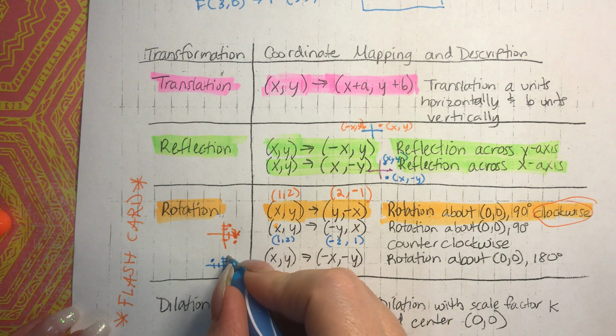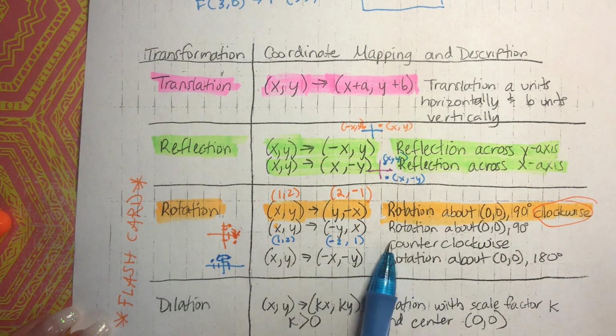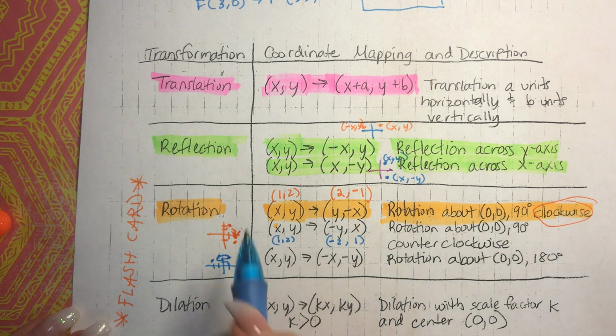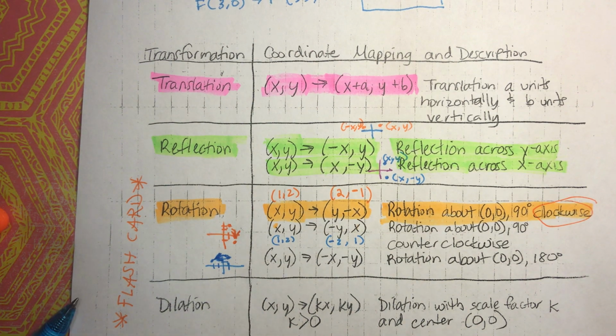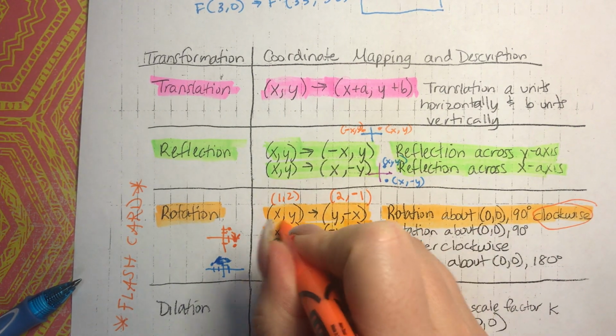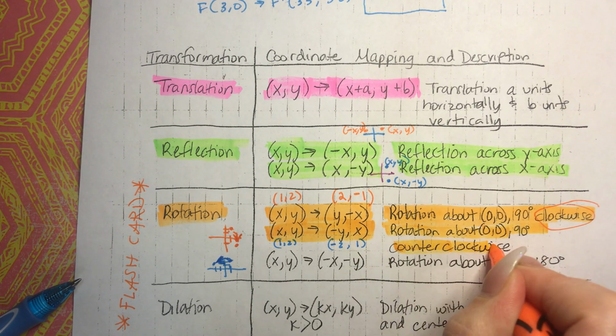Well, now my point is rotating this way, which would be a rotation about 0, 0, 90 degrees counterclockwise. So this is going in the counterclockwise direction. All right? So you just really, really need to memorize these rules. This is rotation 90 degrees counterclockwise.